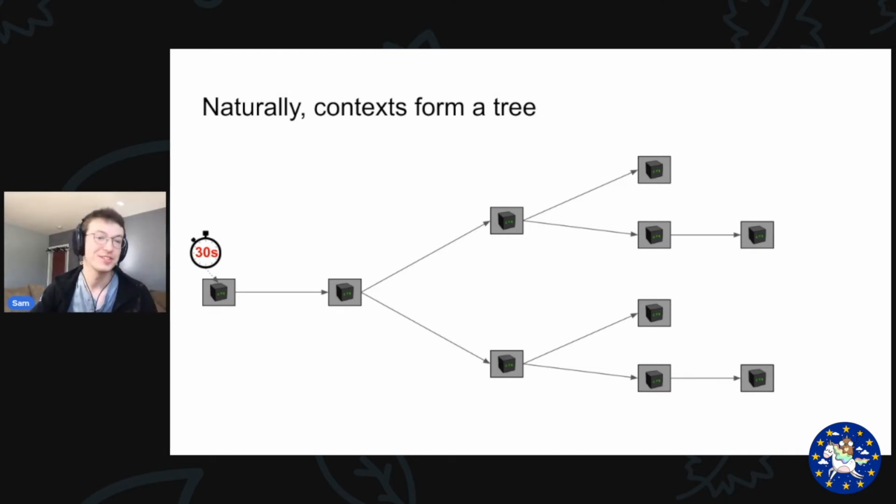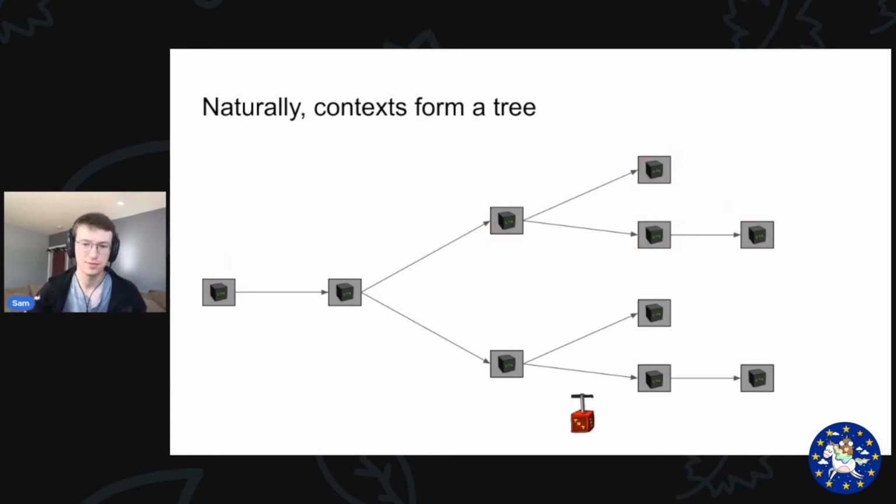A 30-second timeout set at the root will propagate through the whole tree. All of these contexts have a 30-second timeout, but a 10-second timeout set at some sub node will only propagate that 10-second timeout to sub requests made from that node. So if 10 seconds pass, only these contexts will expire, while the rest of the tree will remain unexpired with 20 seconds left or whatever.